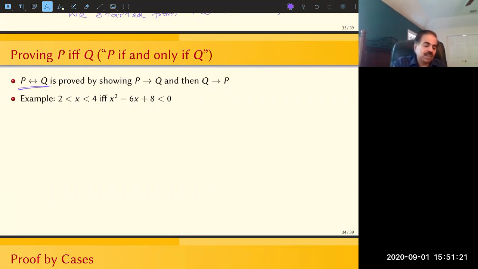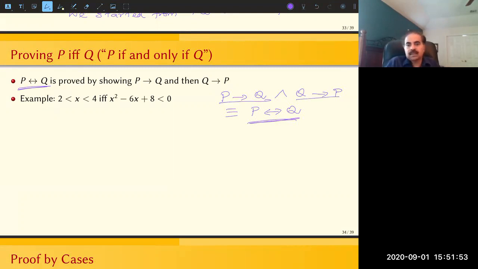By definition, P double arrow Q is a shorthand for P implies Q, and Q implies P. Okay, so that is what we mean when we say P is equivalent to Q. Therefore, the way you prove P is equivalent to Q is by first proving P implies Q, and then you prove Q implies P. So this is not really a new proof technique.